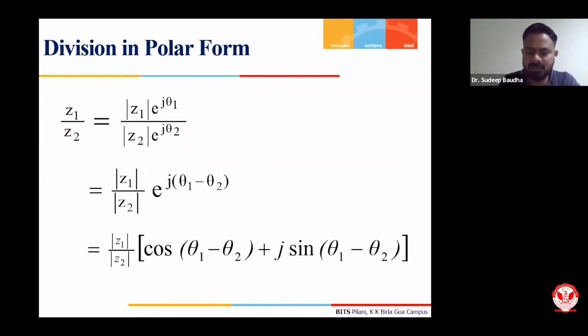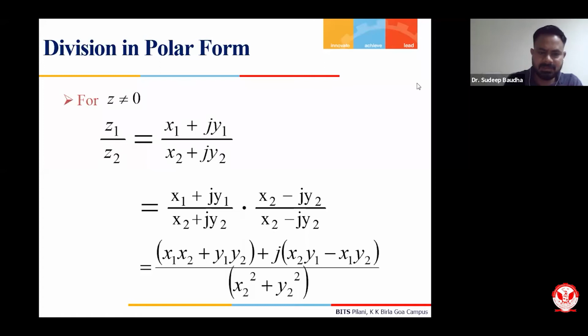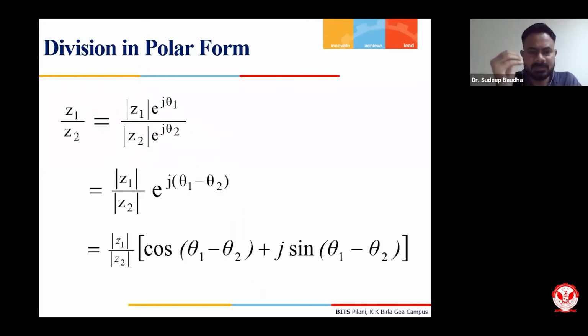As you can see in our previous slide, a huge amount of calculation is involved when we write division of z1 upon z2, and in the case of polar form, simple subtraction of theta 2 from theta 1 will suffice.